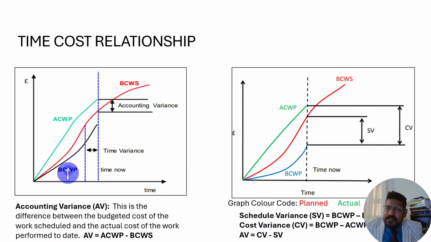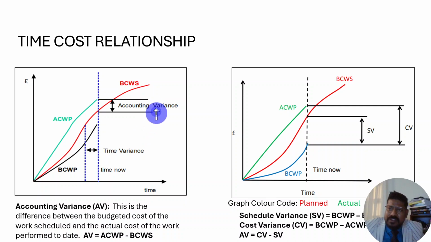So you have three lines. The black one is budgeted cost of work performed. The red one is budgeted cost of work scheduled, which is your planned, and green is ACWP, actual cost of work performed.